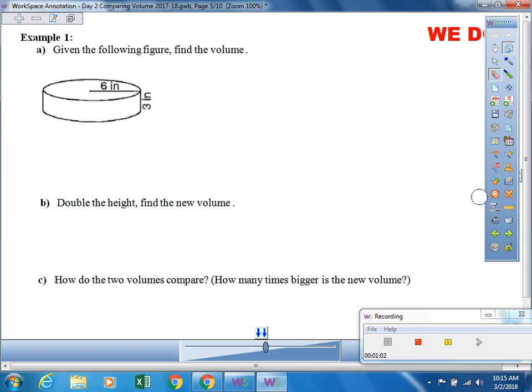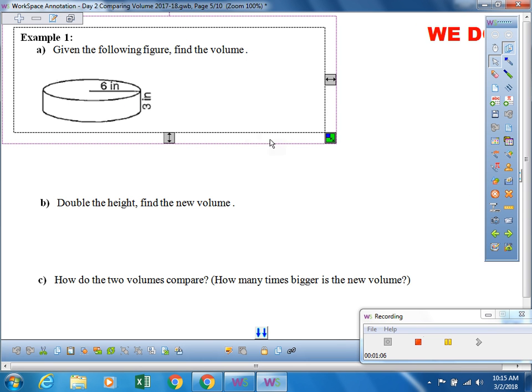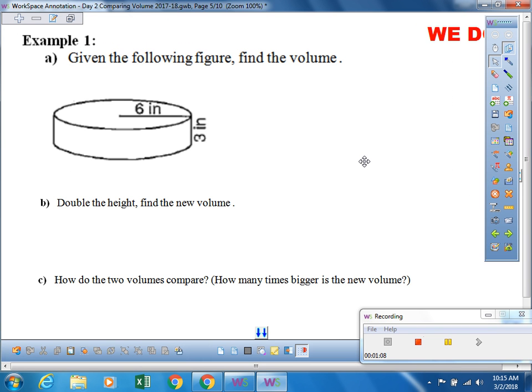All right, so draw this little figure. I'll make it a little larger. There you go. Draw the figure. And everyone should already have a calculator. So I want you to find the volume of that cylinder.